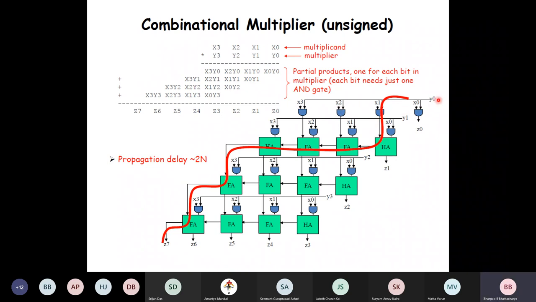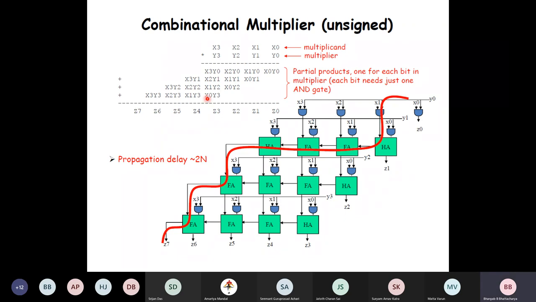These bits are from the multiplicand and also from the multiplier. So you have a series of AND gates which creates these product terms. And then you collect all these bits together using an array of full adder blocks to add them together, and you get the result, right? So this is just a straightforward implementation of the conventional multiplication process that we have learned in school.